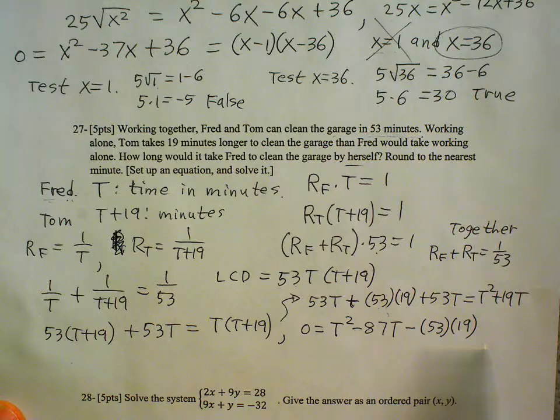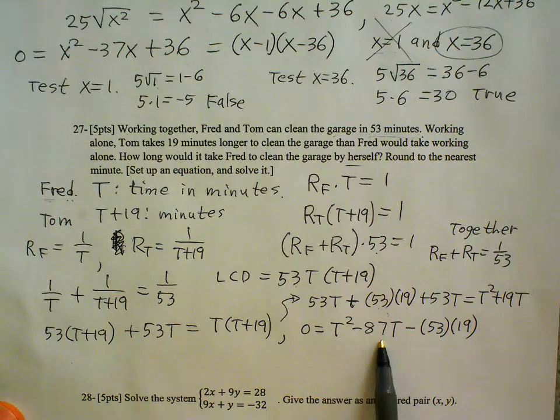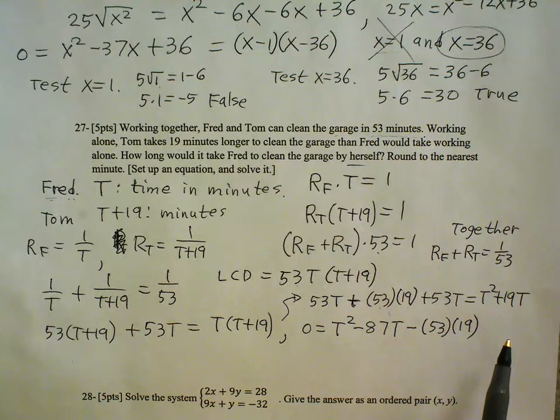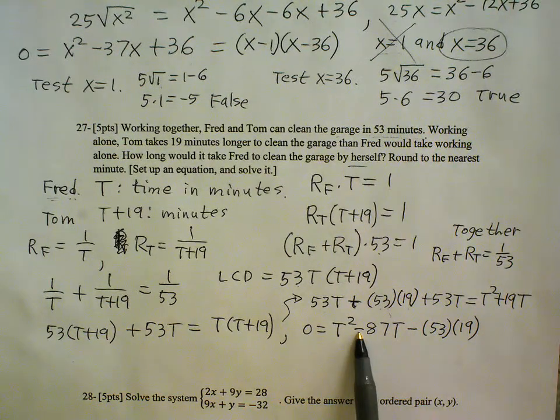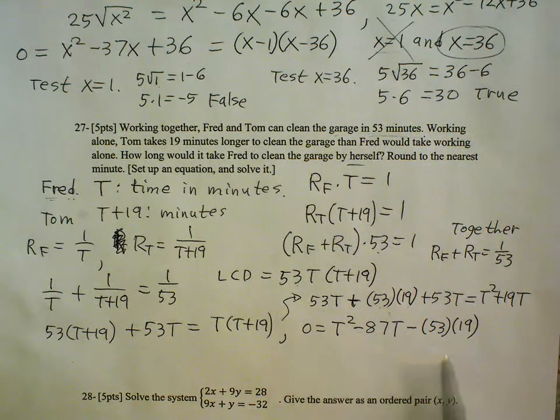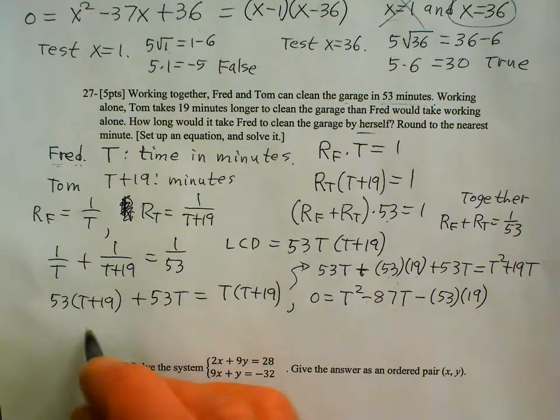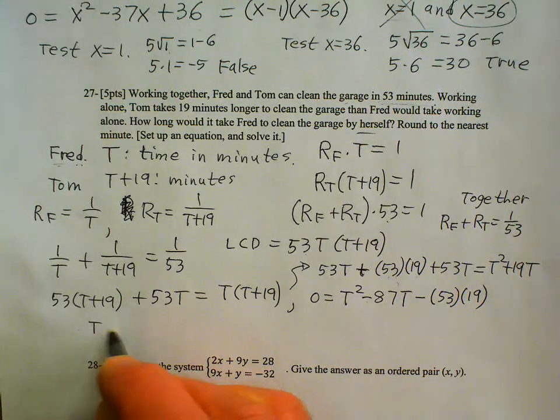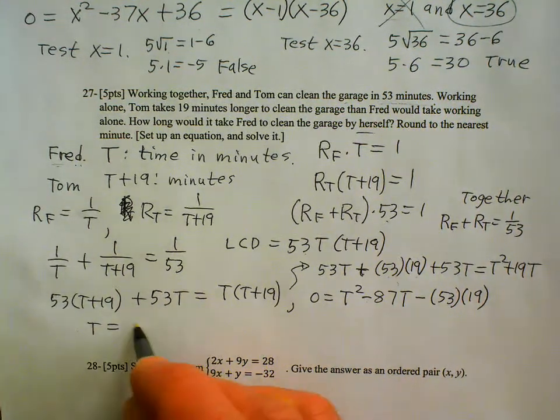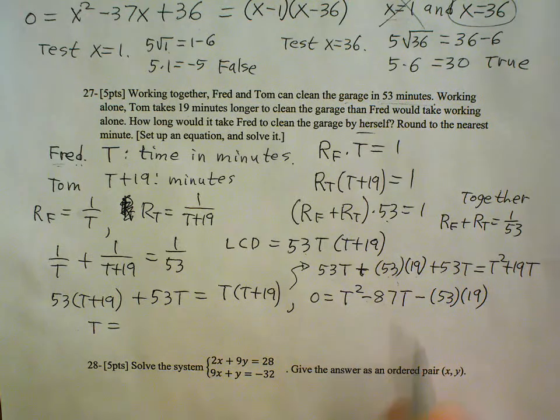I'll take it a step or two further by putting the numbers in the quadratic formula. So in this one, b is negative 87, a is 1, and c is negative 53 times 19. So in the quadratic formula, we have t equals the negative of negative 87, which is 87.